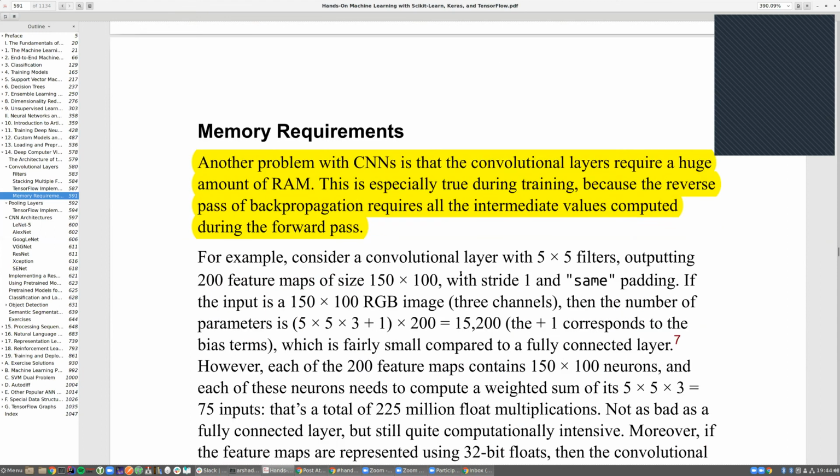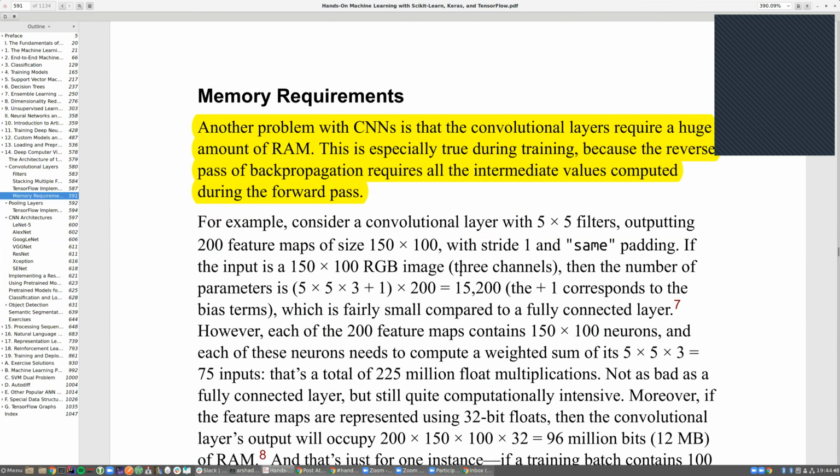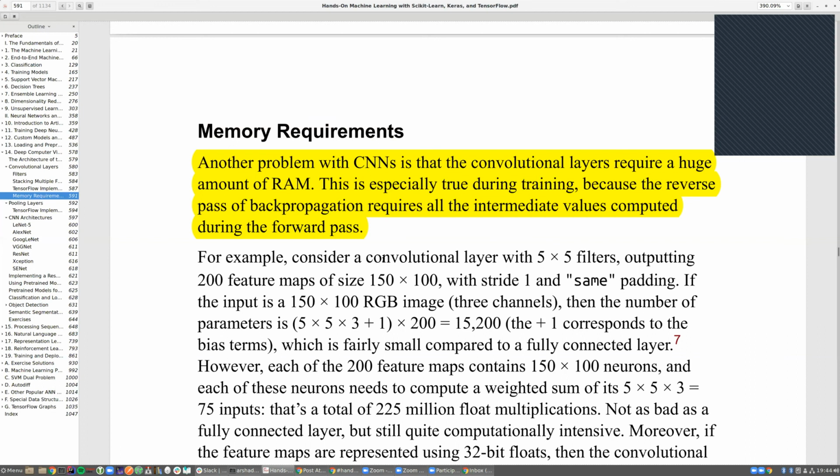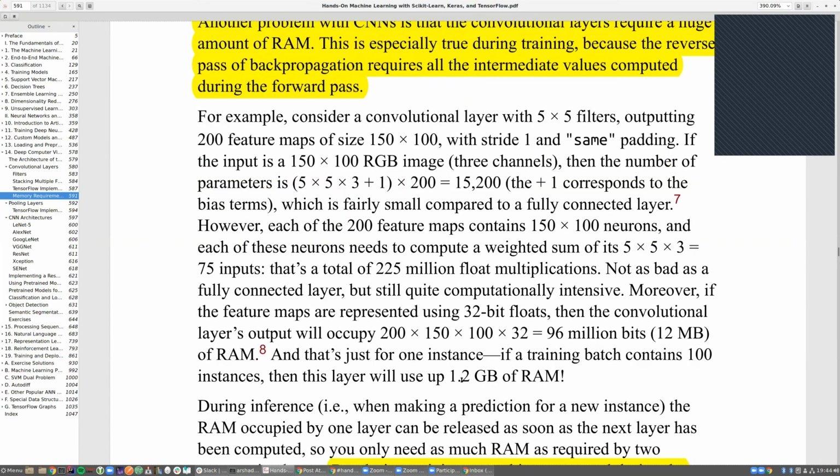And there was a little discussion about memory requirements. The reason they mentioned this is that during training, every single bit of data that the convolution is applying to has to be kept, because the back propagation needs that to compute the gradient across all the different filters on the way back to modify their weights. They make a big deal about 1.2 gigabytes.